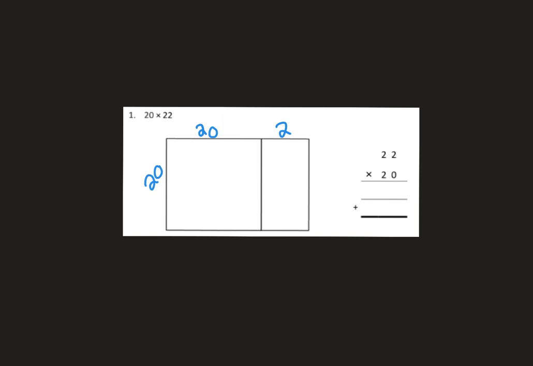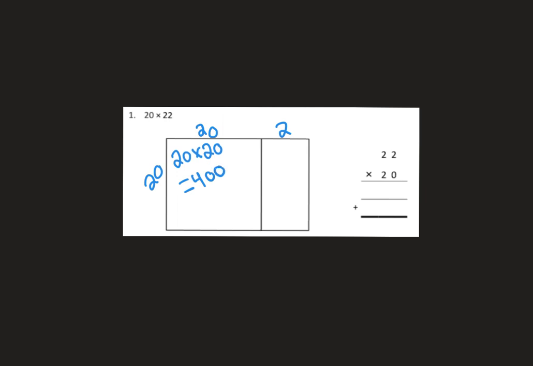So now we're going to write it. If you look, this first square is 20 and 20. So it's going to be 20 times 20, which then would equal 400.